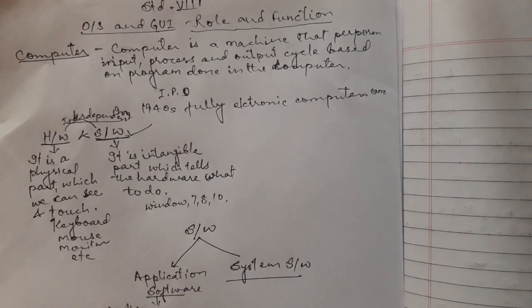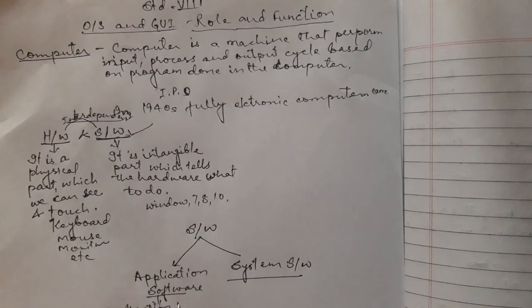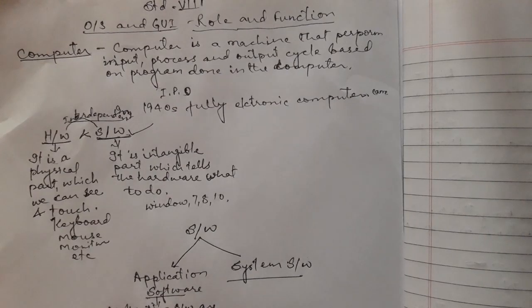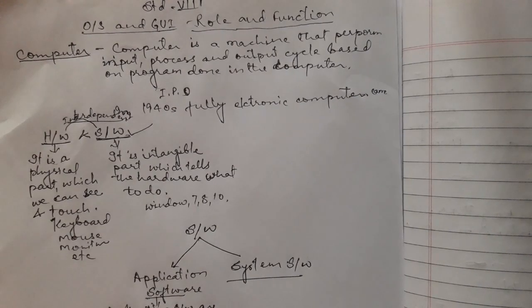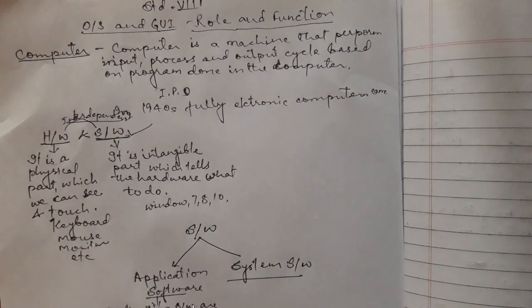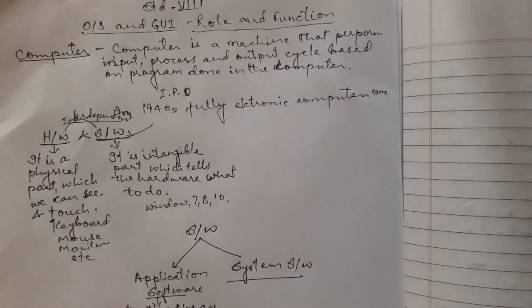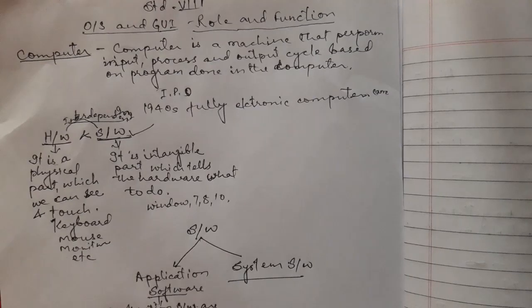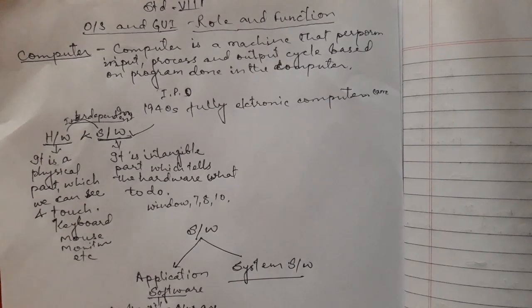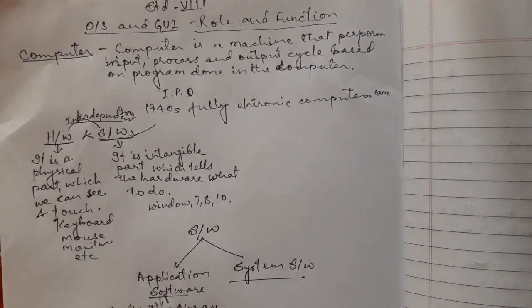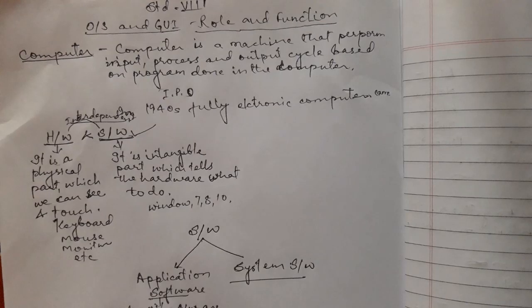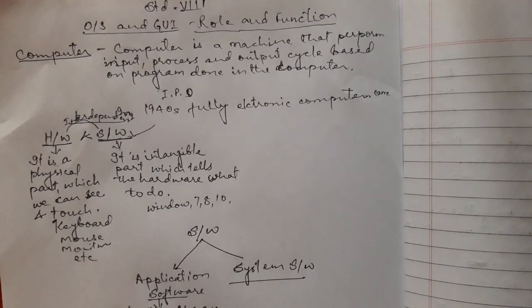So application softwares are the programs which are designed for a specific type of job.